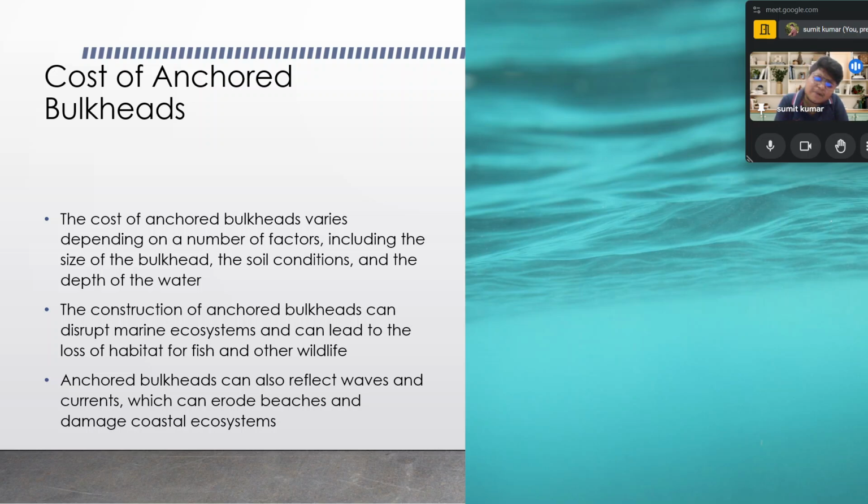Anchor bulkheads can also reflect waves and currents, which can erode the beaches and damage the coastline ecosystem. So those are most of the important aspects. As we have already seen in the two examples, one is the application in the 19th century in Europe and the American region, where it is used to protect the coastline.